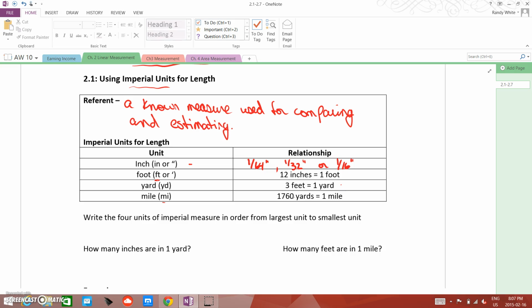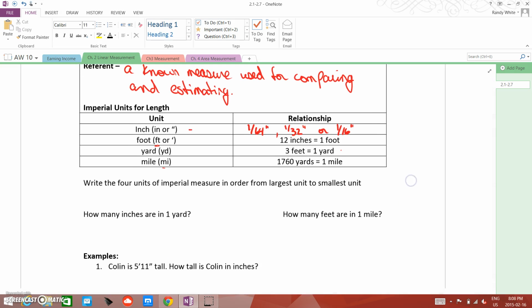Let's say for example, it says right here, write 4 units of imperial measure in order from largest unit to smallest. Again, the smallest is an inch, then it goes to foot, then yard, and then mile. Typically we're going one way or the other when we have to decide.